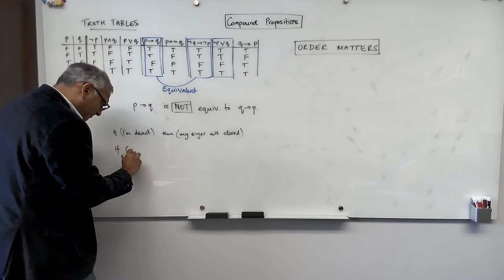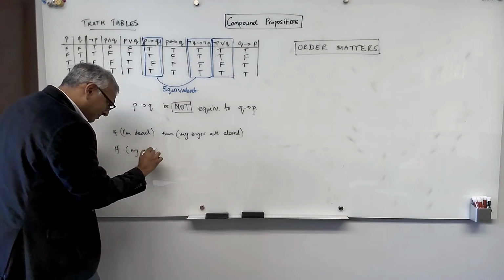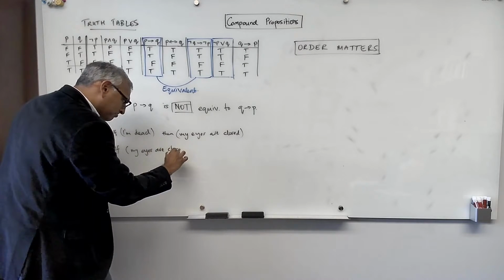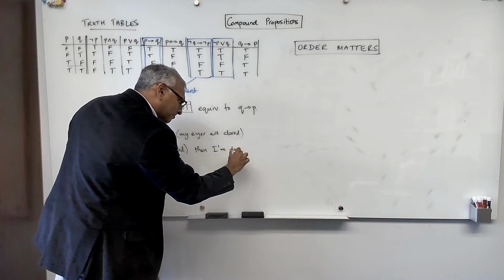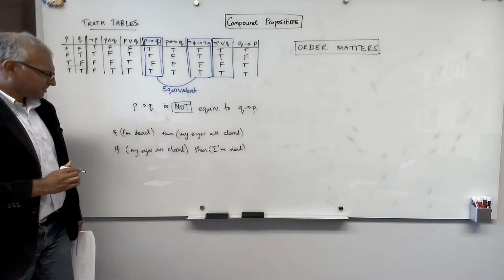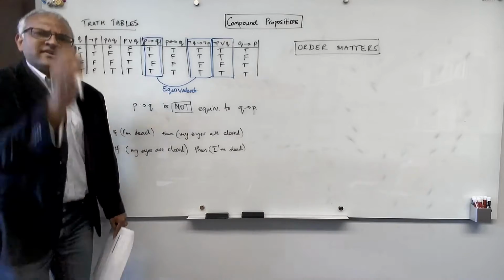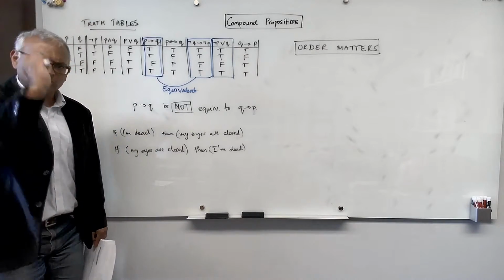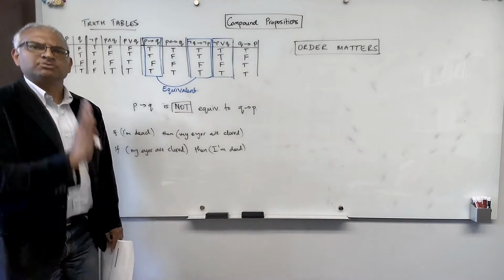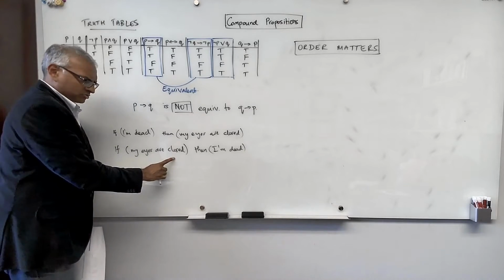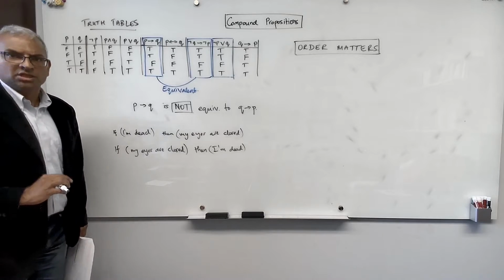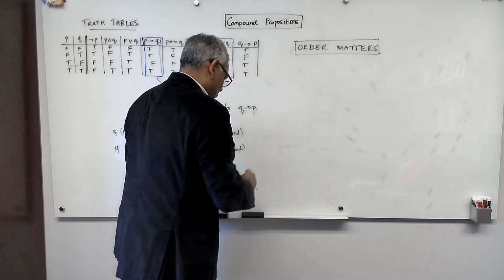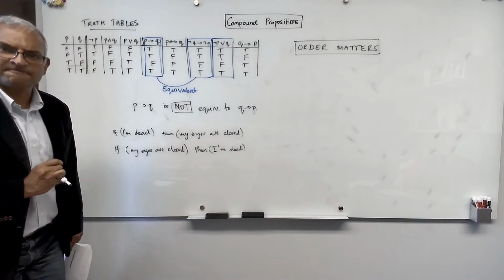If my eyes are closed, then I'm dead. You see the difference? All I did is change the order. Very different statements. Okay. The order matters a lot when it comes to implication. So if my eyes are closed, please don't conclude I'm dead and bury me. The order matters when it comes to implication.